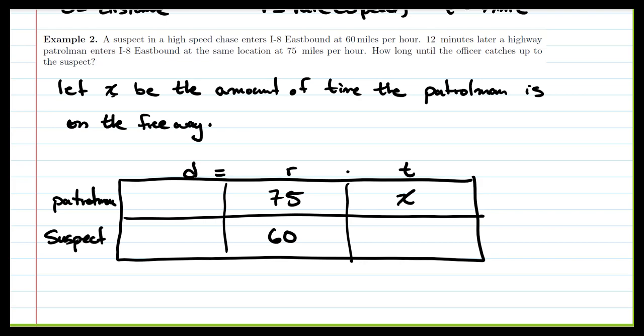The suspect has been on there 12 minutes longer, so it's going to be x plus 12. That plus 12 comes from the fact that the patrolman got on 12 minutes later. Now we have the same thing happening as in our previous chart: D is equal to R times T. So the distance traveled by the highway patrolman is 75 times x.